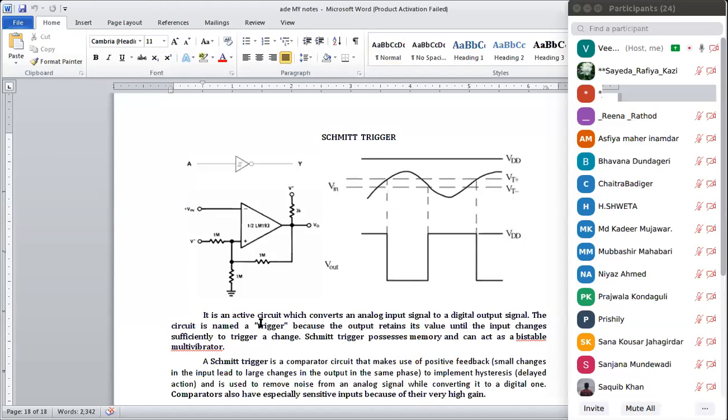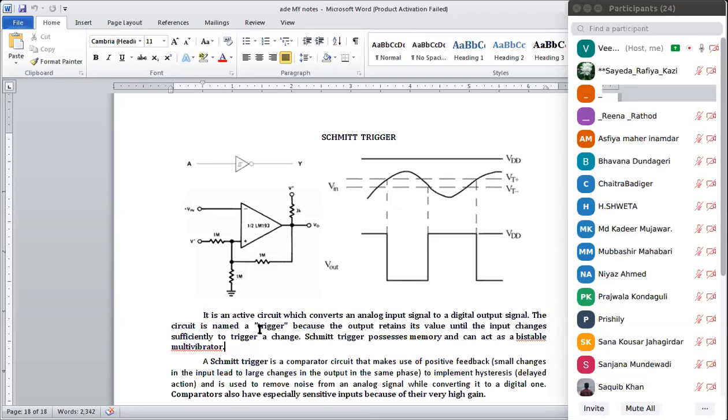Even the monostable is a trigger, a one shot multivibrator, which we have discussed. If you trigger, then only the value is going to change in the monostable multivibrator. Here also it is called a trigger, but it's a bistable multivibrator.